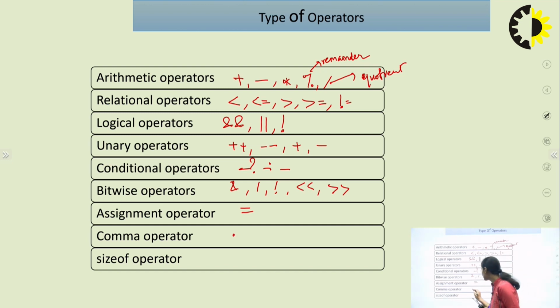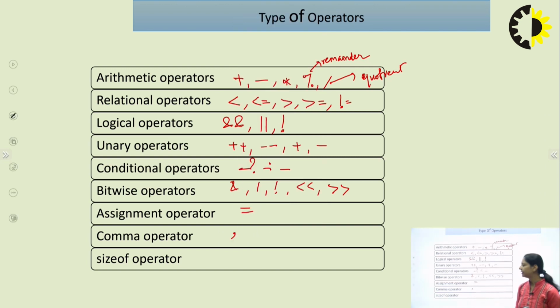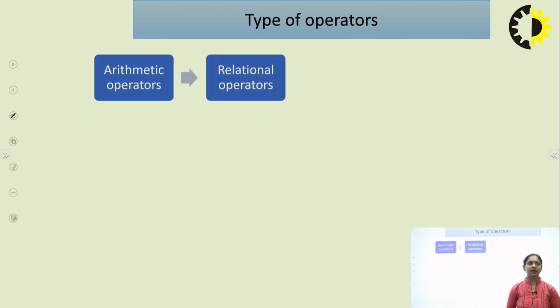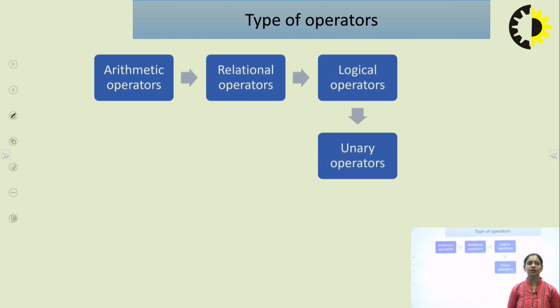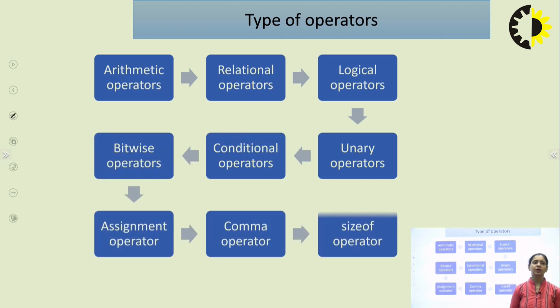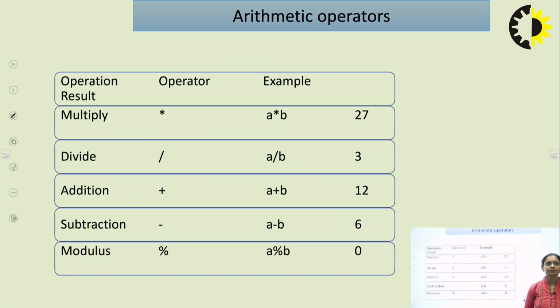The comma operator is a separator which separates the different values, and the last one is the sizeof operator which gives the size of a variable or any data type. So we have the arithmetic operators, relational operators, logical operators, unary operators, conditional, bitwise operators, assignment operator, comma operator and finally the sizeof operator.